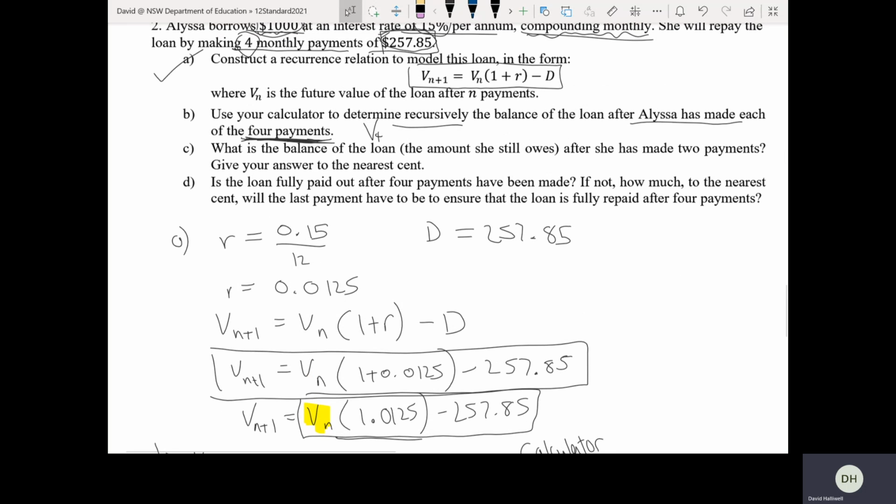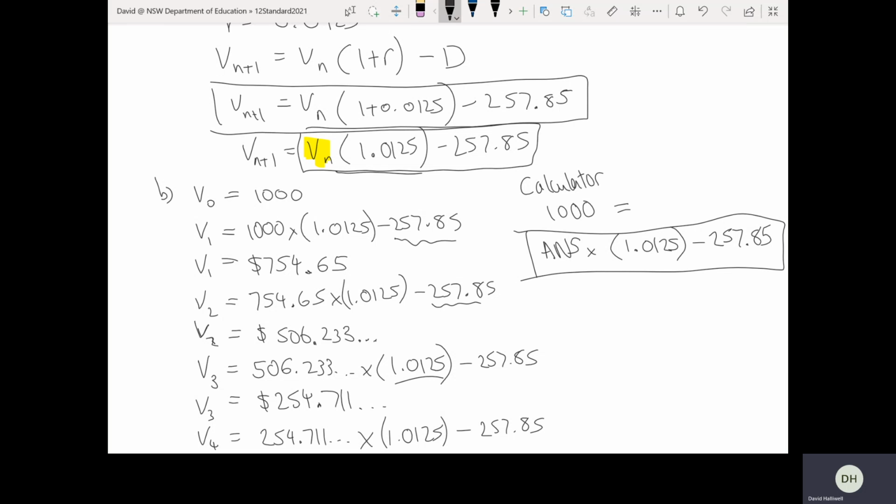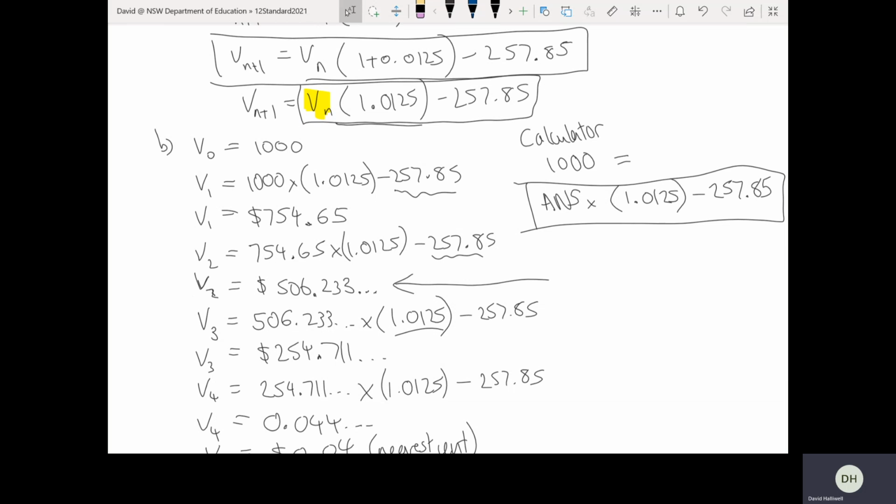Let's have a look at part C. What is the balance of the loan? Balance of a loan means the amount that is still owed after she's made 2 payments. So after you've made 2 payments, that means V sub 2, right? Because we make our first payment here, and this is our second payment. So after 2 payments, the balance will be the value of V sub 2.